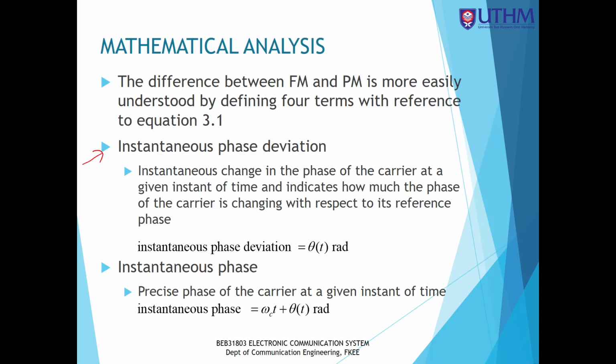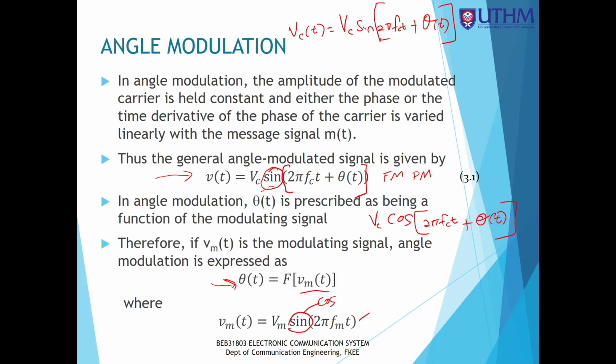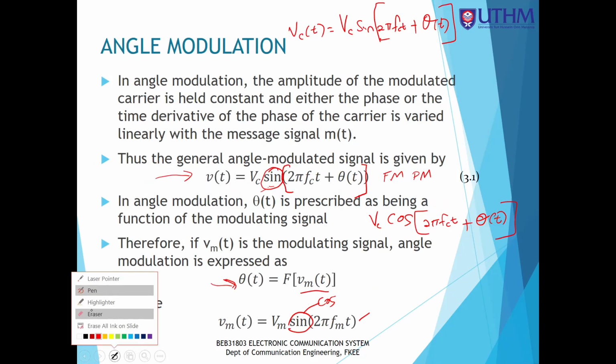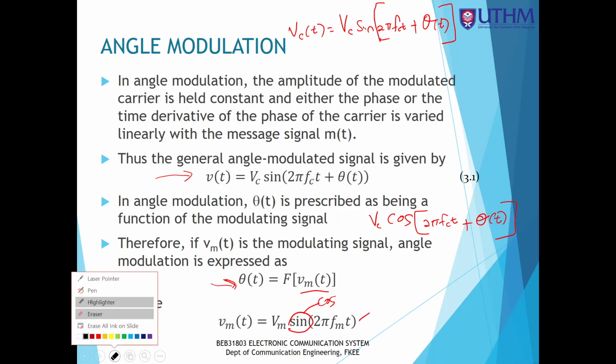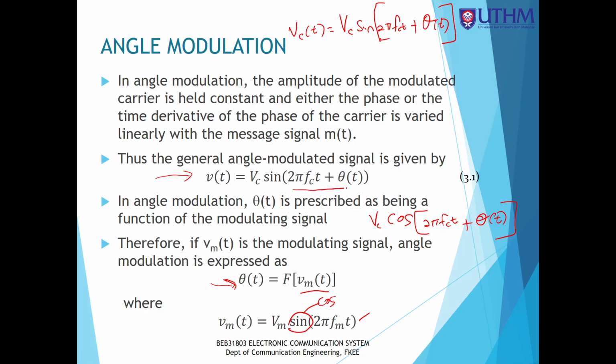It is equal to theta t radians, which is here. So what we want to analyze is this part: instantaneous phase deviation is theta t.